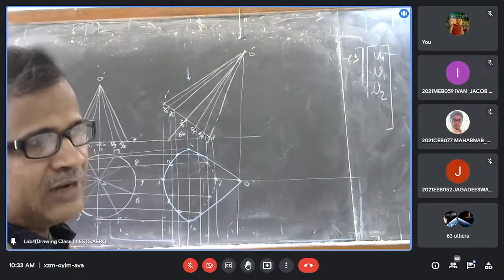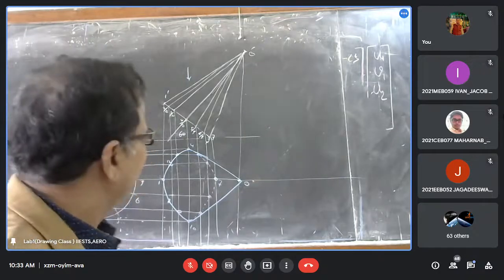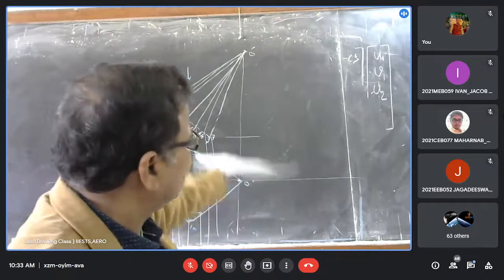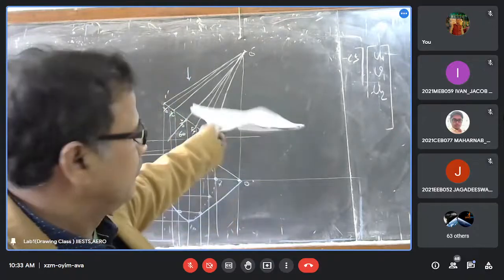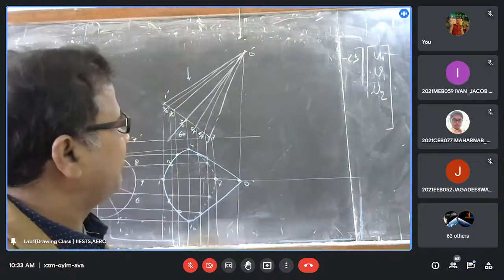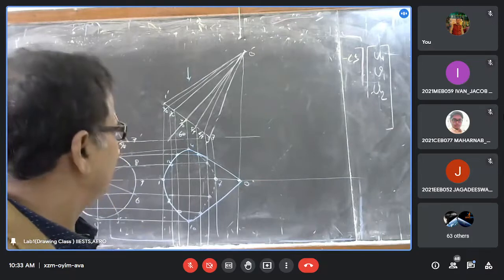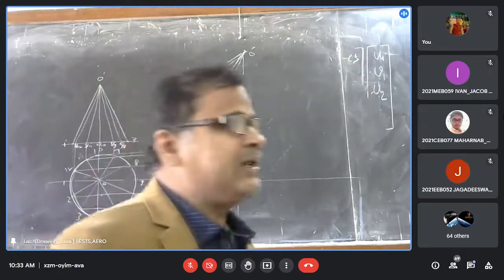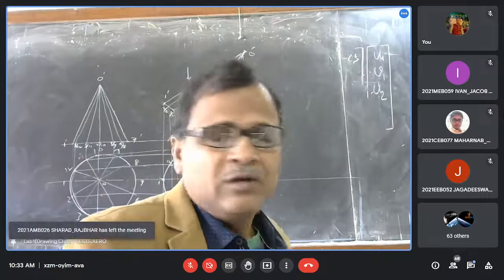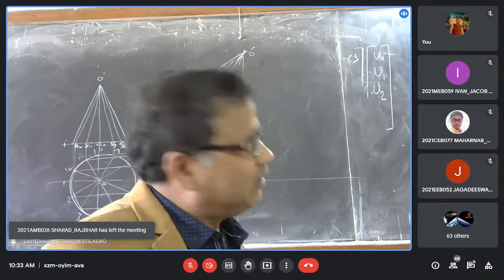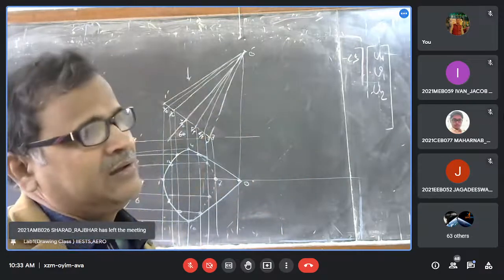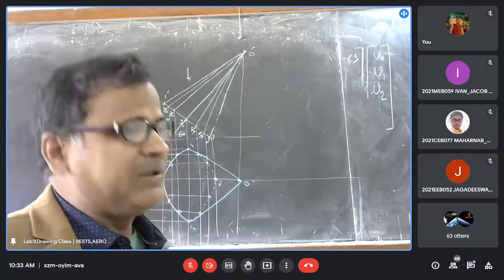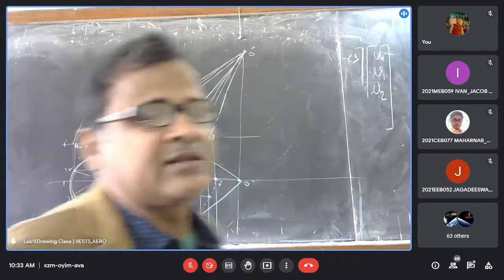Now if we consider both angles, the projection of the straight line, then you have to start another problem, another plan and elevation, the final plan and elevation. Now one important point: when it is a combined angle of HP and VP, the HP angle and VP angle should not be greater than 90 degrees in total.